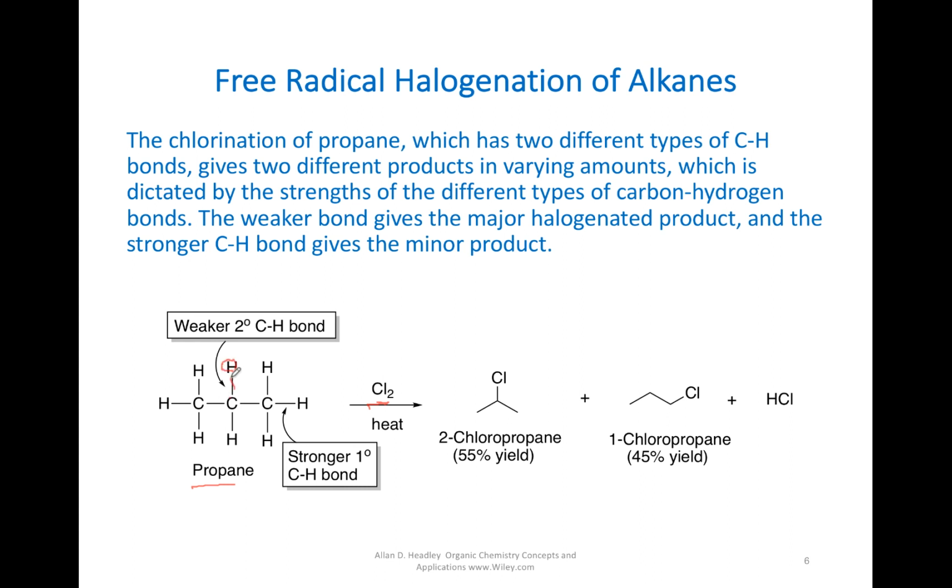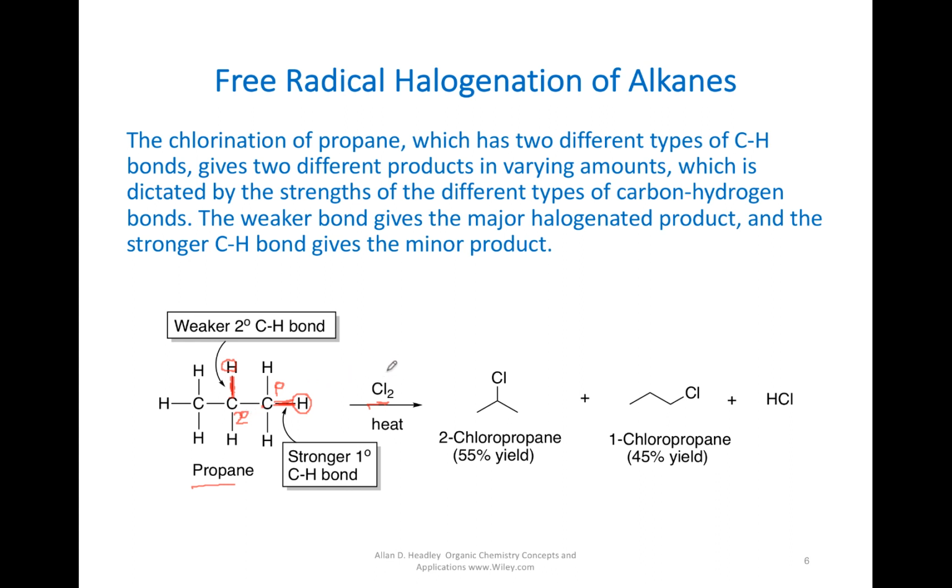So this hydrogen here is a secondary hydrogen, which means that this bond here is much weaker than this bond here, where the hydrogen is bonded to a primary carbon. So again, this is a secondary carbon and this is a primary carbon, which means that this bond here is stronger than this bond, which is bonded to the secondary carbon.